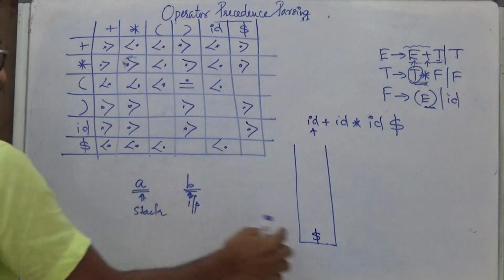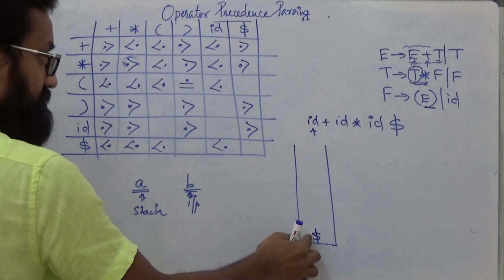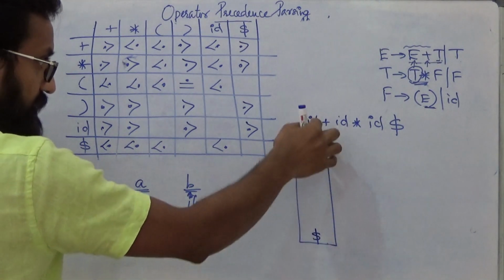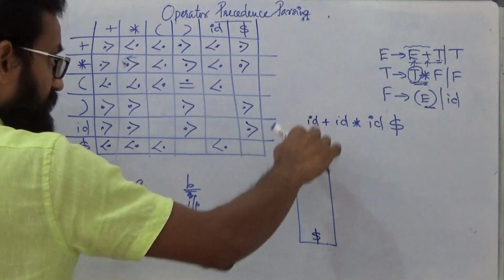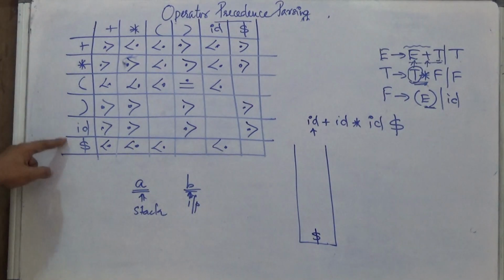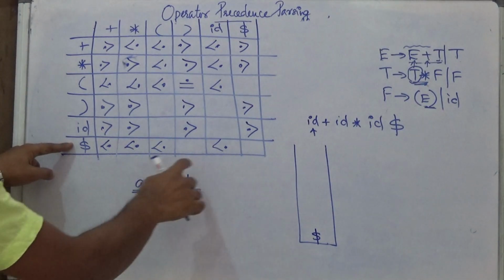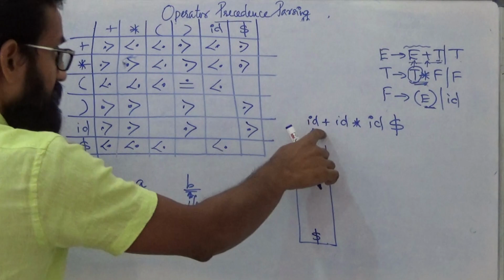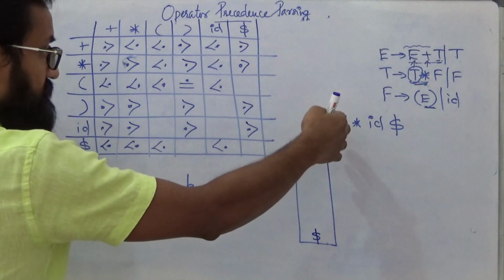So if I consider dollar as the stack top and ID as the input, compare these two, dollar and ID. Look into this table: the input has higher precedence.